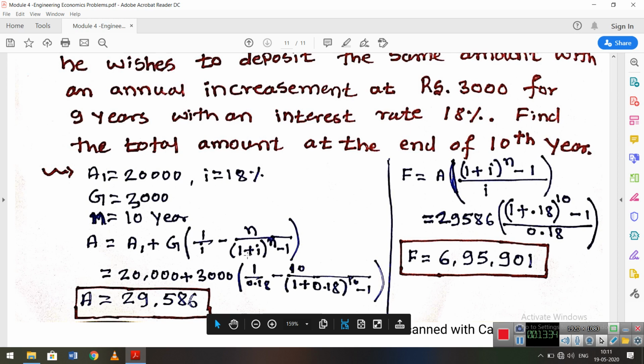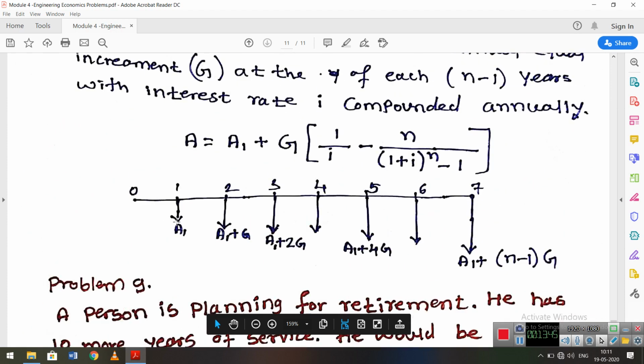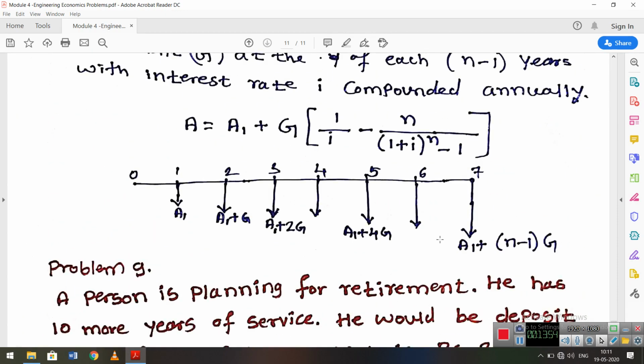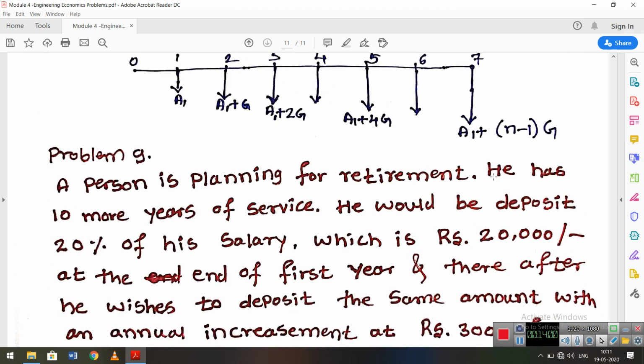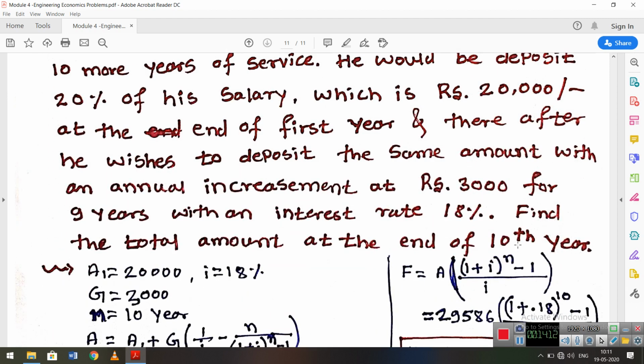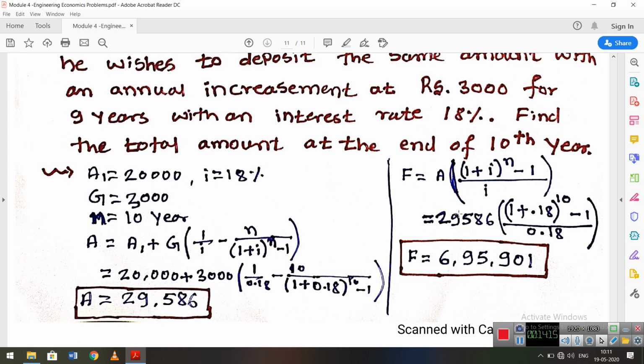The equivalent amount at the end of every year is 29,586. In the first year he deposited only 20,000, but at the end of the 10th year he pays 20,000 plus the increment of 9 into 3, which is 27,000, so 47,000 rupees.